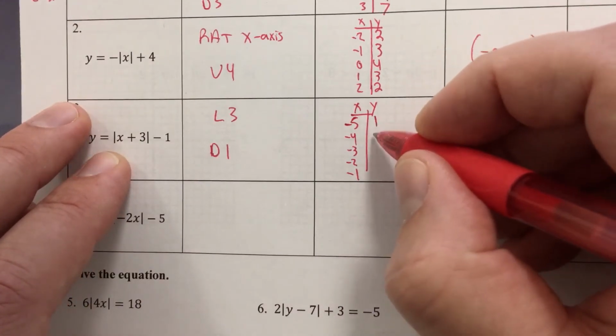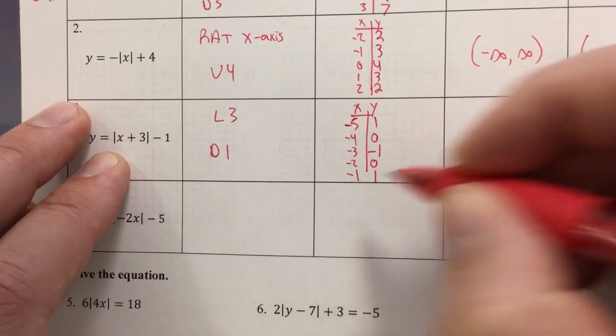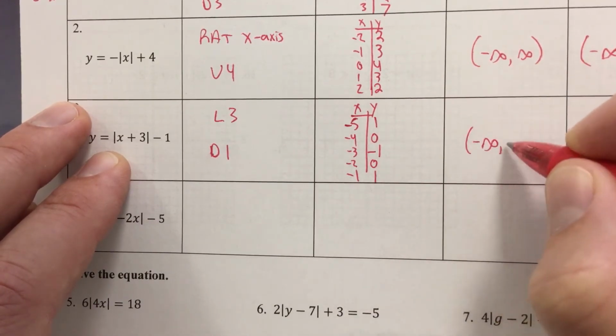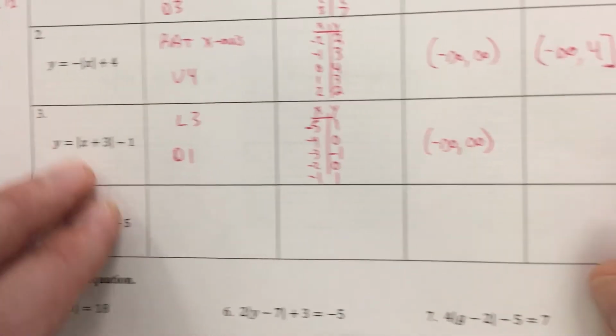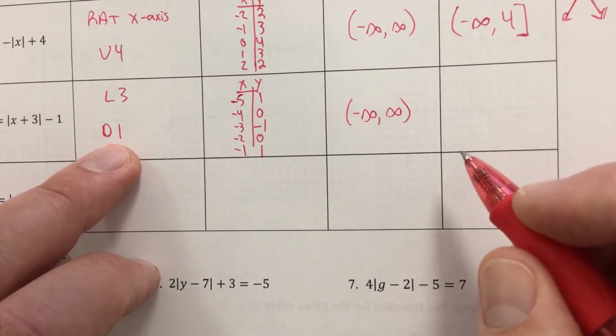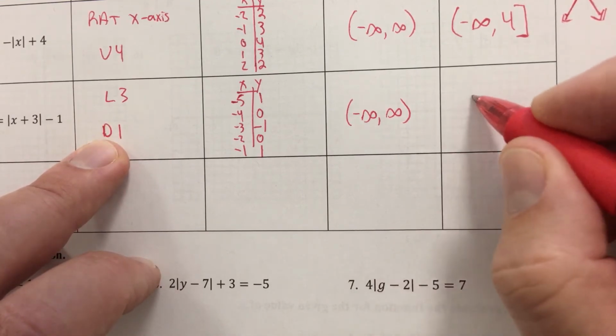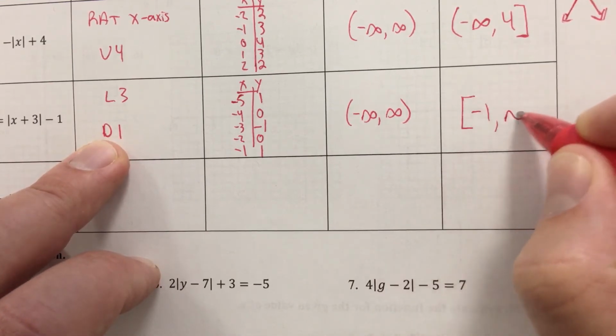So that would be 1, 0, -1, 0, and then 1. Domain is the same. Range, we didn't reflect it. Left doesn't affect it, just the down 1 is going to affect this, so -1 to infinity.